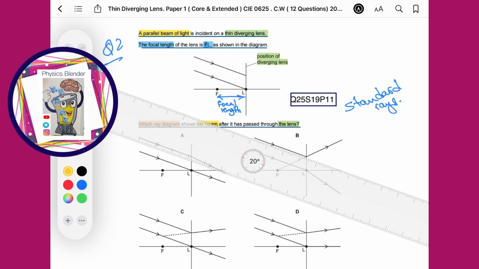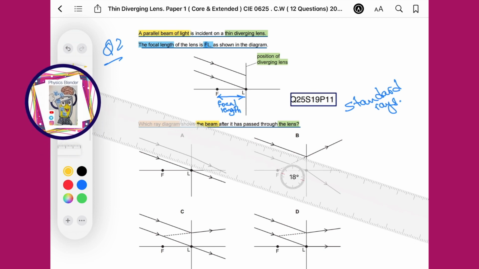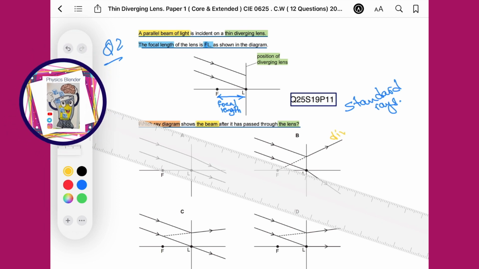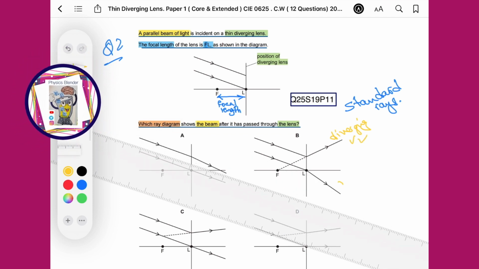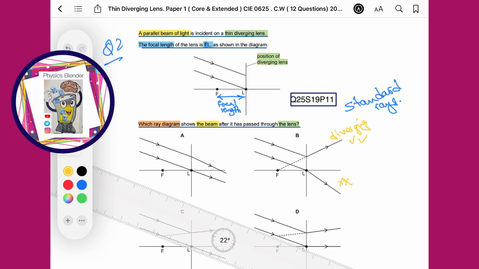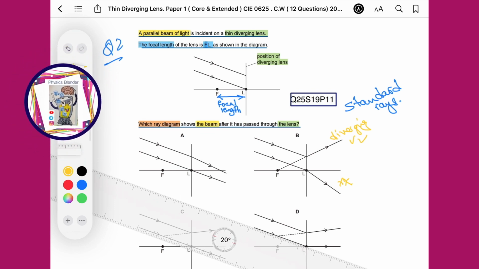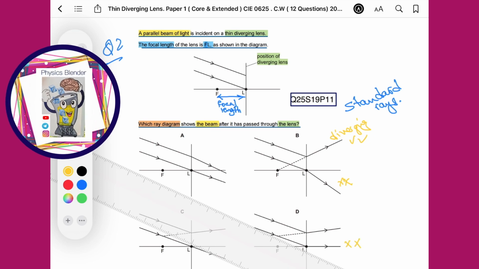Okay, this one here is diverging. So this is diverging and its extension passes through the focus, correct, but this one is incorrect. This one passing through the optical center bends, no, so this is also not correct.